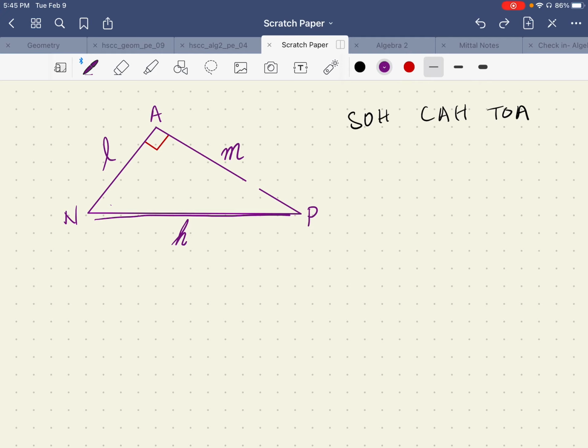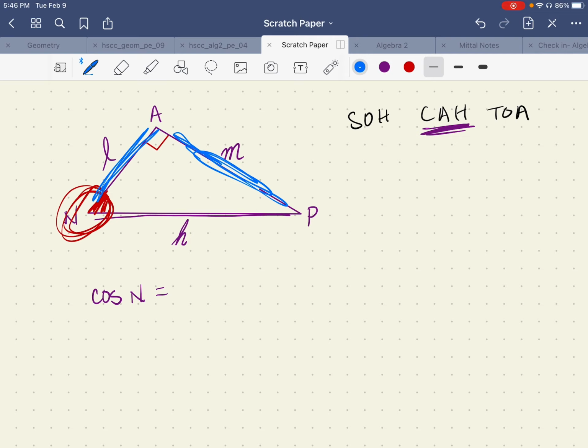So if I said, find the cosine of N. Well, then you'd be like, all right, cosine is the adjacent over the hypotenuse. So I need to find the adjacent. We're focusing on N, so we're focusing on this angle here. What's the adjacent leg? To determine that, the first thing we're going to do is go, okay, this is a leg and this is a leg, right?